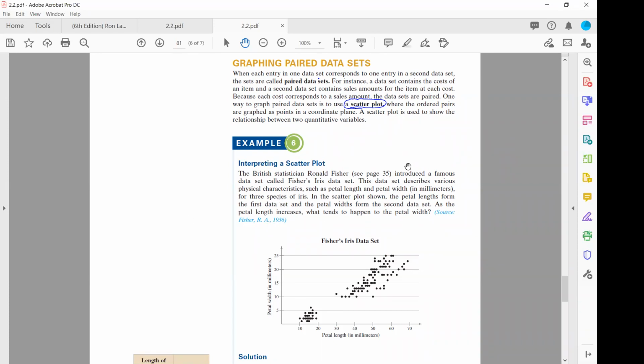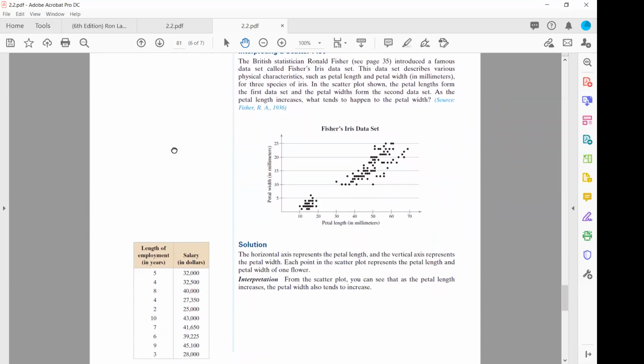In this case, you have some points in XY plane, like the table on the left-hand side.